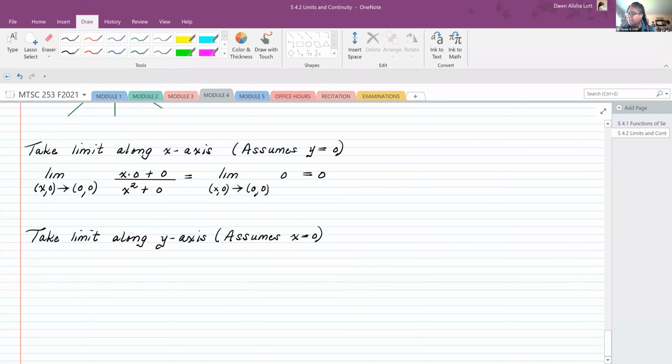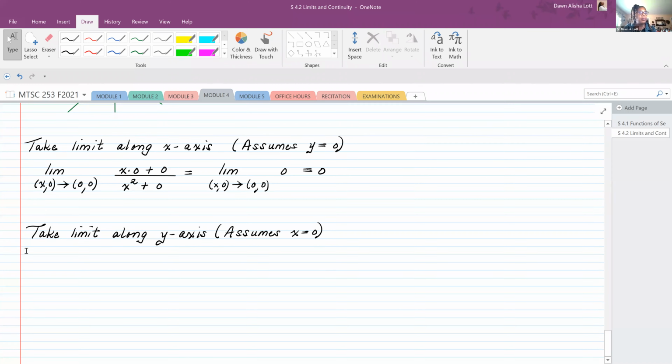So when I do that, since I'm assuming x is already 0, this is 0 times y plus y cubed divided by 0 squared plus y squared. Oh, I actually get a limit now. I get something.